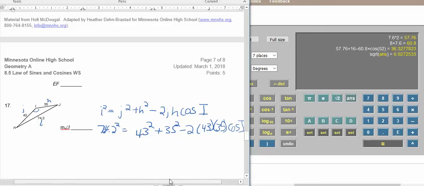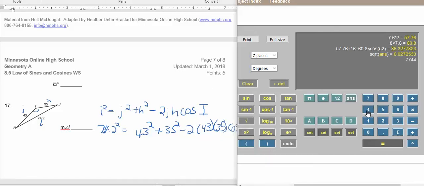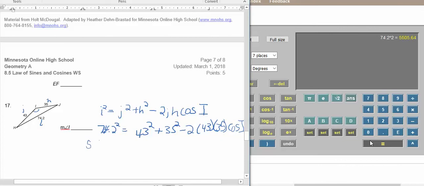All right, now we are going to start simplifying. So 74.2 squared is equal to 5,505.64. These are some big numbers.